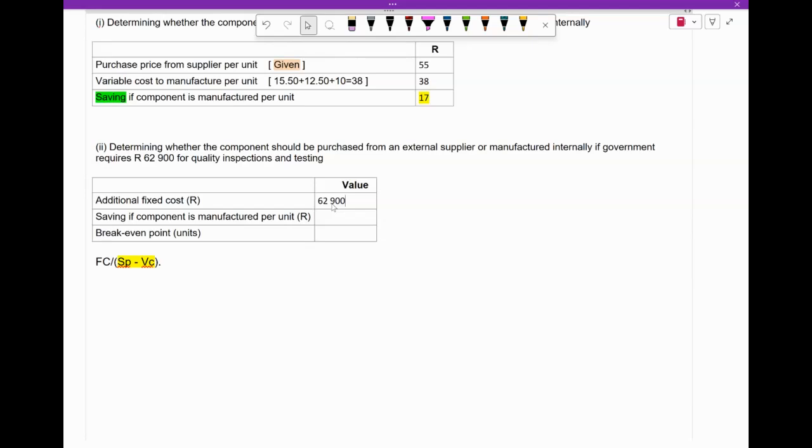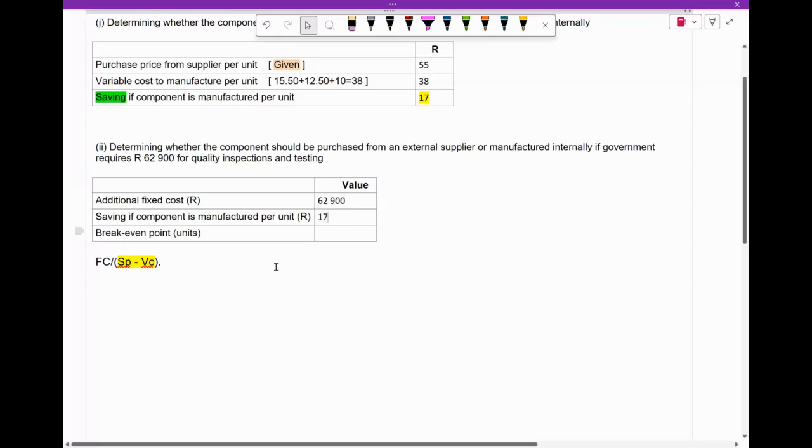Does that make sense? So we use that almost like an income because we're saying we are actually gaining by manufacturing it ourselves, as opposed to going out and buying it. So we take our formula, usually we would say fixed costs divided by your selling price minus your variable cost, isn't it? But now we're not selling this component, so we'll be using our saving, which we know to be the 17 rand.